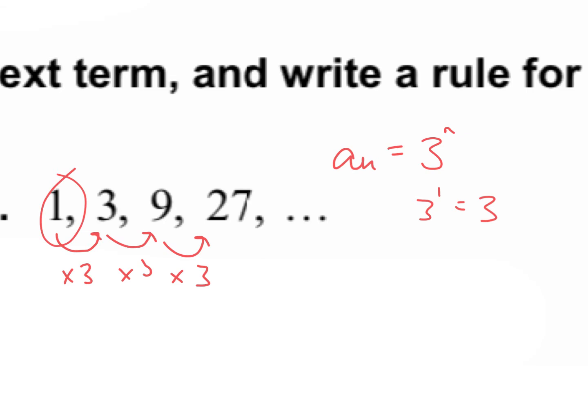So we have to do something different than just 3 to the power of n. N minus 1. Perfect. Because that way if we plug in 1, we have 3 to the power of 1 minus 1, which is 3 to the power of 0. What's 3 to the power of 0? 1. So that works. So this is our rule.